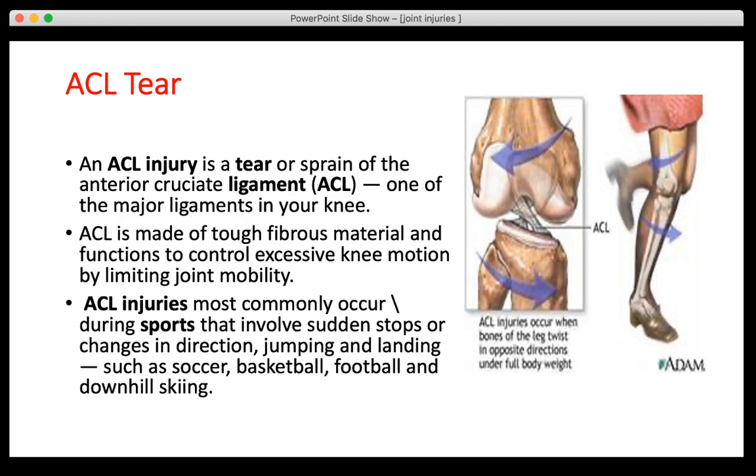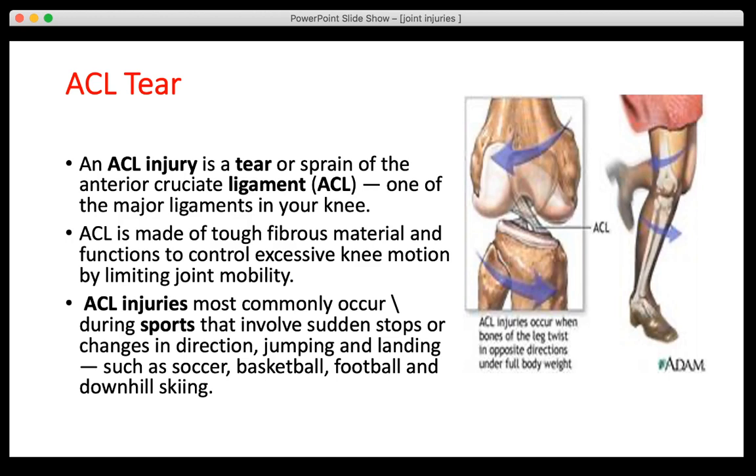But if you do it in a wrong way, if you apply a lot of stress on the knees, then it can get torn and you will have this ACL tear injury. It is the most common injury, and it often happens due to sudden stops and sudden jumping, bad landing.